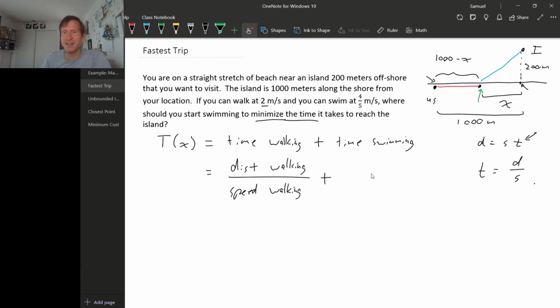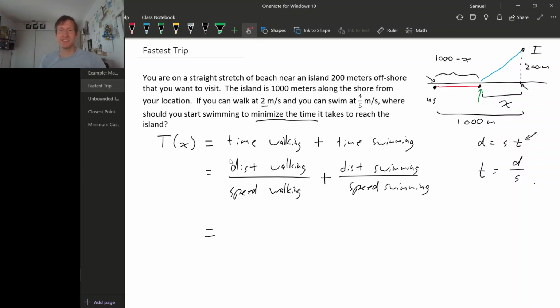All right, plus the same thing for swimming. So it's the distance we go swimming divided by the speed we go when we're swimming. All right, and hopefully all of these things we can write as functions of x.